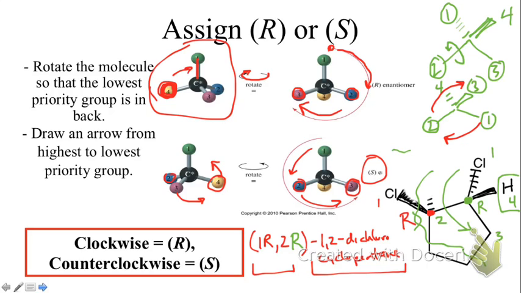So if you look at a picture from the opposite direction, you just see it inverted. Where it becomes more difficult, at least for me, is if your lowest priority is not wedged or dashed, if it's a solid line. In those cases, I always redraw it. You'll see me draw these things again and again and again.